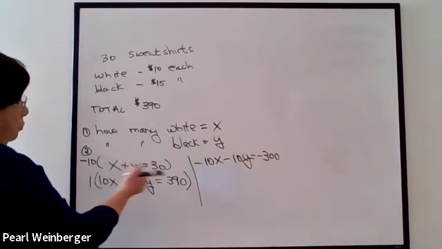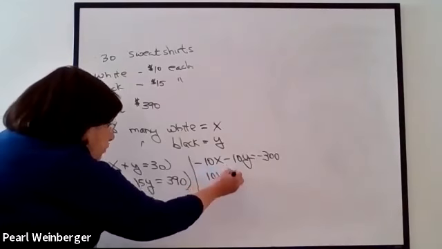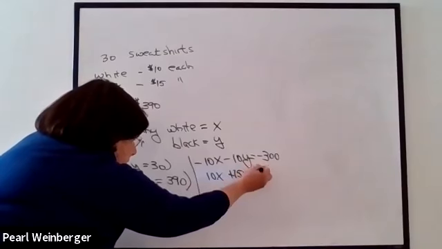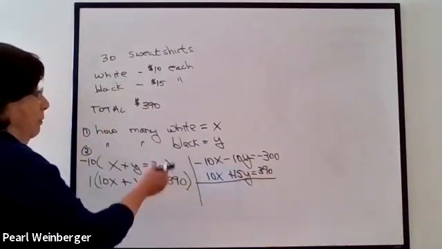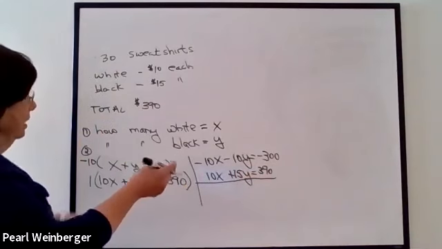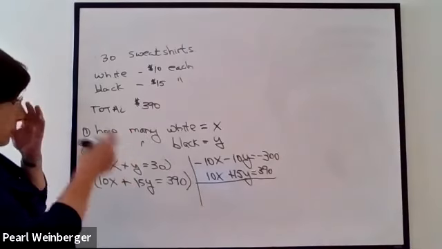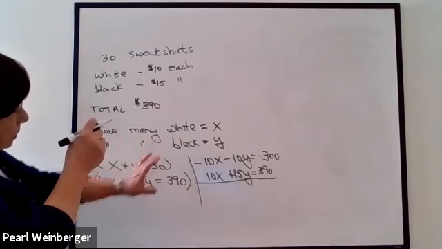The bottom equation we're multiplying by 1, so it stays 10x plus 15y equals 390. And when we add these two equations, again, I use the elimination method because they were set up as x, y equal number.